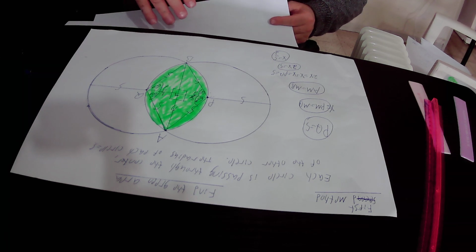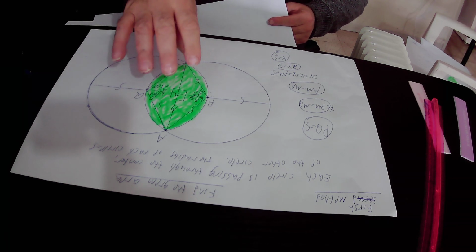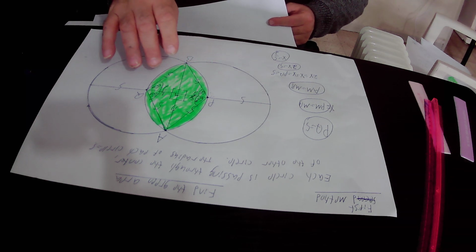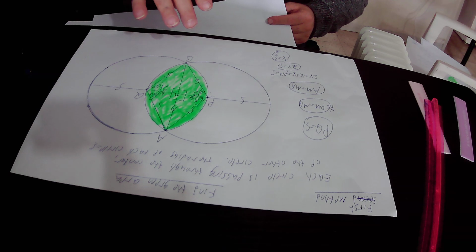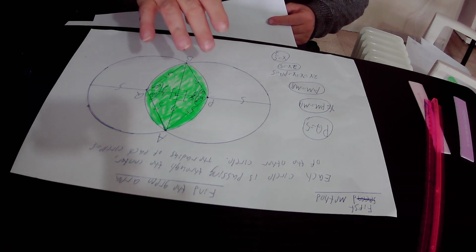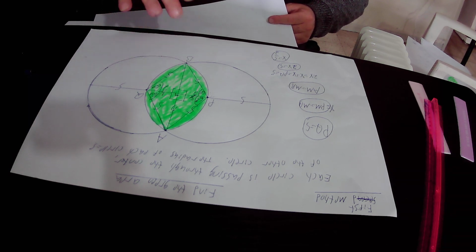So actually, if I connected the points together with a straight line, we created here quadrilateral APBQ, and quadrilateral APBQ is a rhombus.